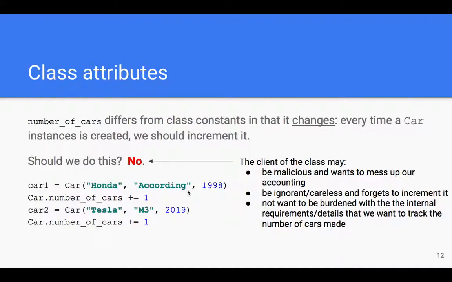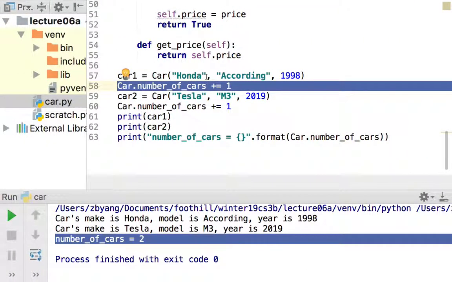So that's one reason we probably don't want to rely on the client to do this. Another reason is, maybe the client is not evil, but he might be just kind of ignorant or careless and just forget to increment it, right? I mean, imagine I'm creating like 100 cars here.